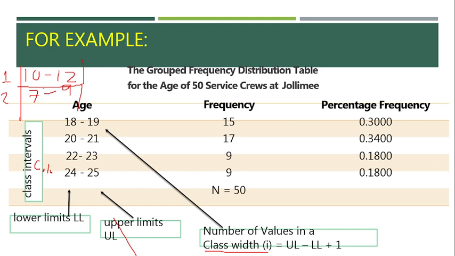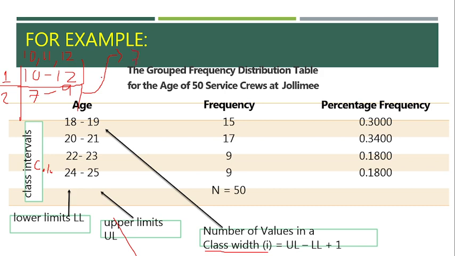So in this case, you will identify how many numbers you can see in this first row. First row, you have 10, 11, and 12. Correct? In your second row, how many values does your second row contain?